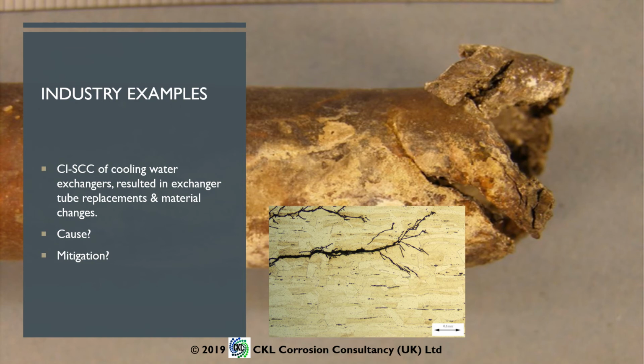So the most cost-effective means of mitigation in this example was to upgrade the metallurgy of the tubes to a more chloride stress corrosion cracking resistant material. So there are super duplexes that can work. It just depends on the chloride content and the temperature, as well as nickel alloys and things like that, which will help mitigate this.